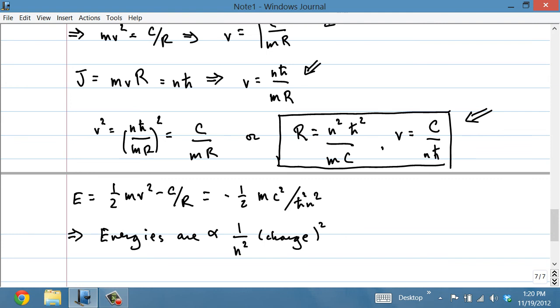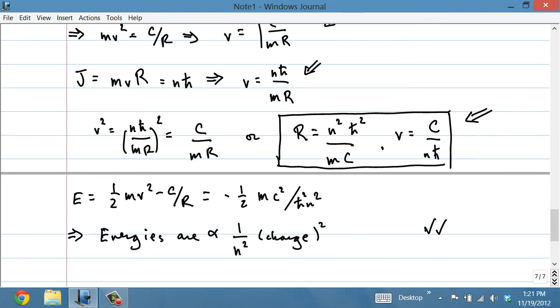In addition to saying that the energy levels go like 1/n squared, they tell us that the coefficient in front of 1/n squared goes like the square of the charge of the nucleus. So for example, if you compare the energy levels of hydrogen to that of helium, then you should expect that they would differ by a factor of 4, because the charge of helium differs by 2 from that of hydrogen. And indeed, this is a result which, as you can imagine, has been verified experimentally to a great deal of accuracy.